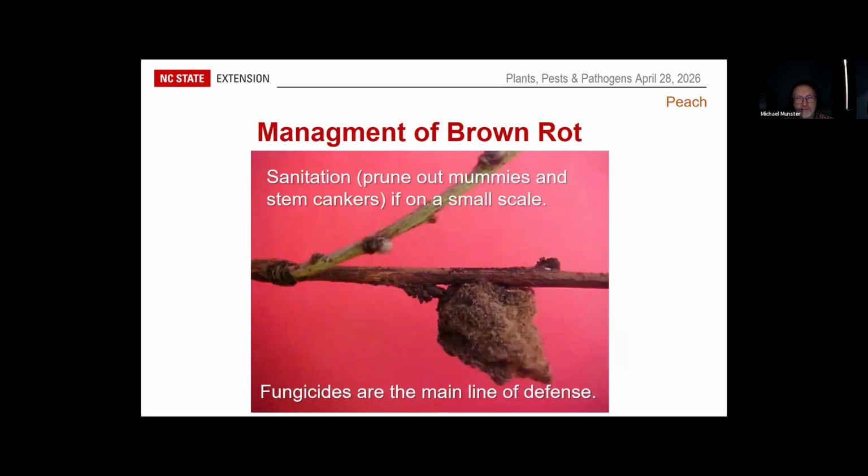So 2 different phases of the same fungus causing these 2 different diseases: the blossom blight or twig blight and the brown rot of the fruit. If you've got a small tree, small number of trees, you can prune those mummies out and those stem cankers. But again, your fungicides are going to be your main line of defense when you're trying to prevent brown rot.